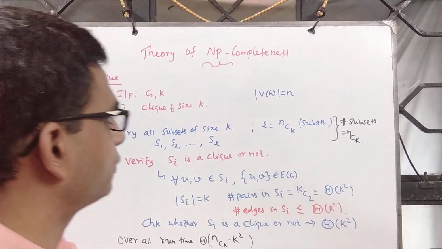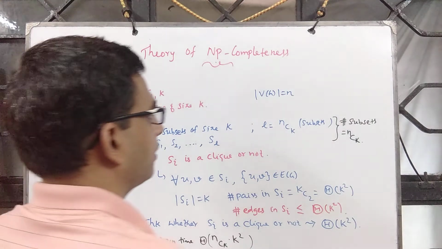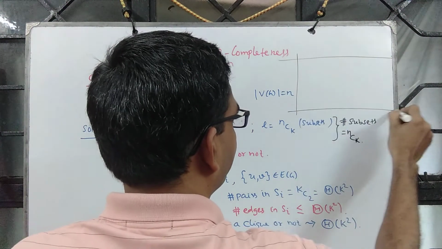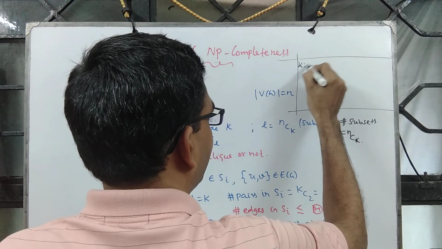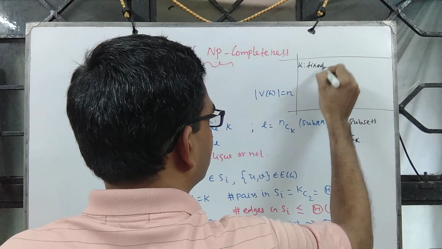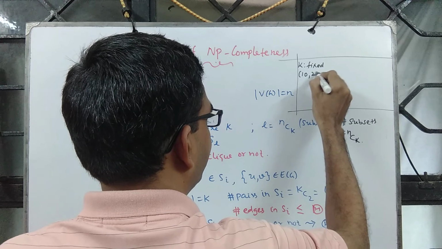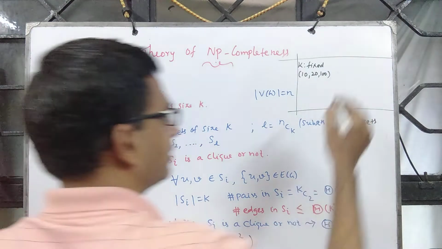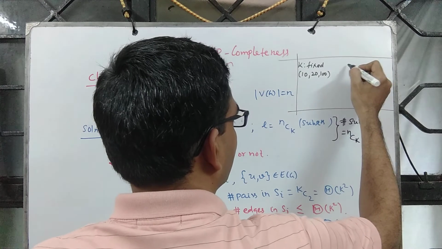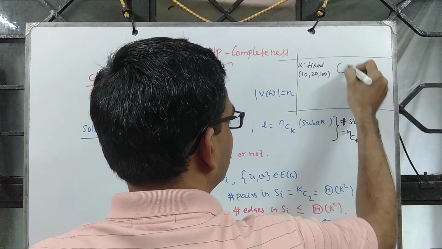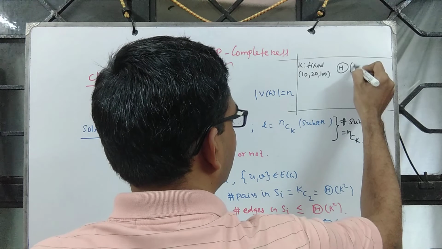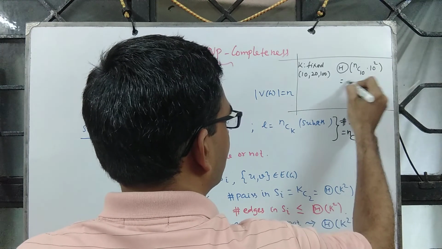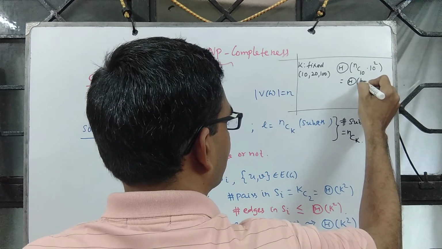There are a couple of things to note as a remark. If k is fixed, say 10, 20, 100, then this algorithm runs in polynomial time. So this will be like n choose 10 into 10 square, and this is theta of n power 10.